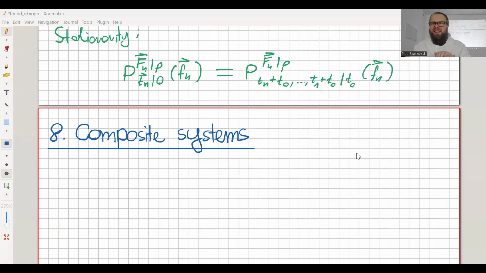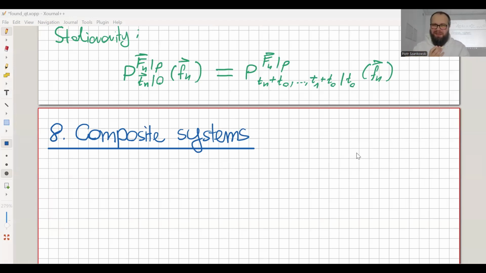And it was very important for us to realize that the biprobabilities are important. So complex-valued distributions of pairs of trajectories, not just a real-valued distribution.